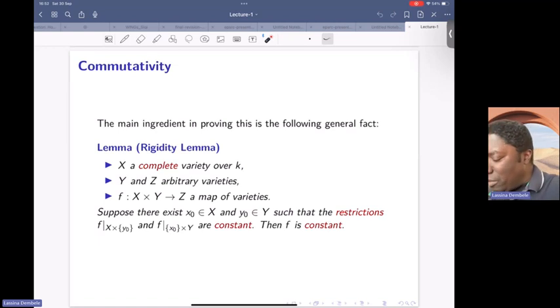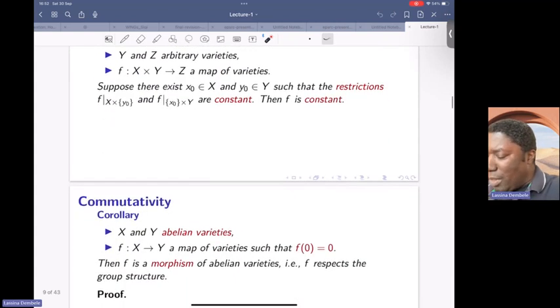And same thing when you take the restriction of F to x0 cross Y, you get the constant map. The conclusion of the rigidity lemma is that under those conditions, you get a map which is constant, which is quite strong as a result. And this is really a consequence of the fact that our variety X is a complete variety.